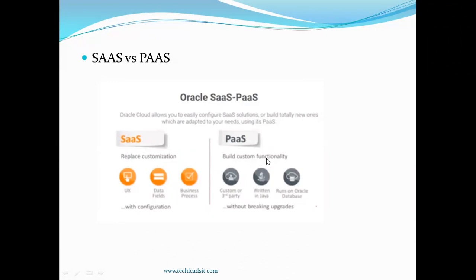If Oracle releases a version, you have to maintain your custom functionality and deploy again. That is PaaS. PaaS will provide more and more custom functionalities, whereas in SaaS we have only fewer custom functionalities, only limited privileges.